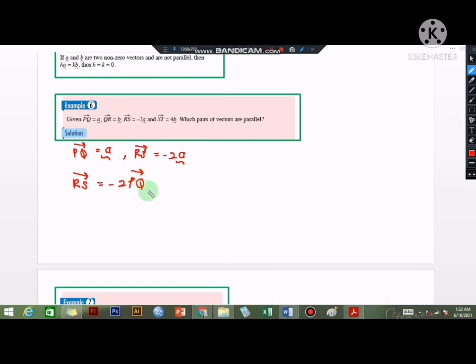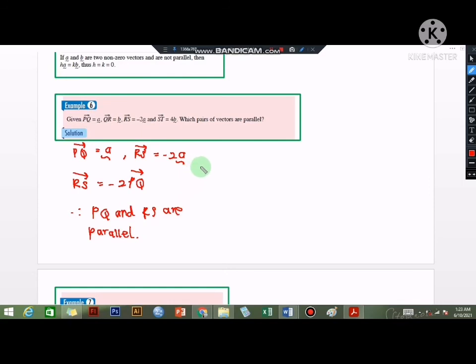So this is the answer. We know that PQ and RS are parallel.